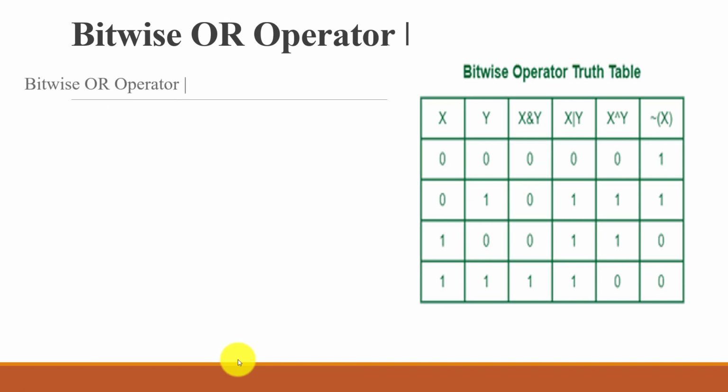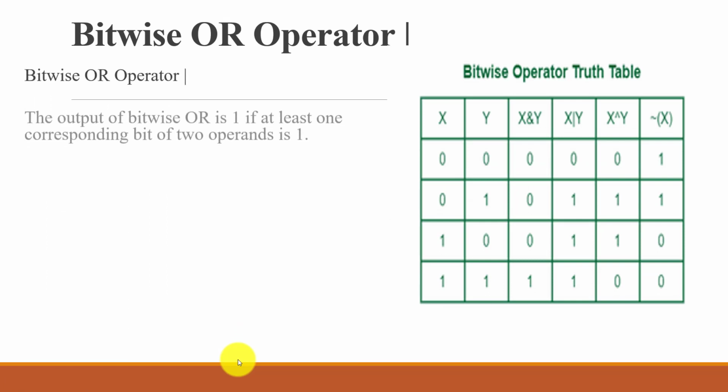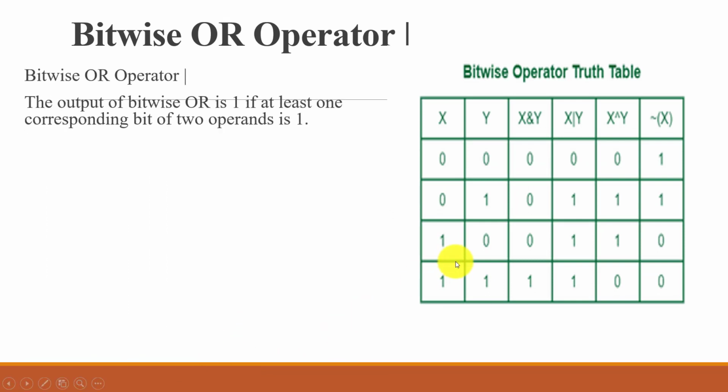Now let's understand what is meant by bitwise OR. Similarly, if we consider X OR Y, we get 1 if either input is 1, and if both are 0 and 0, that is, the same bits, we get 0.